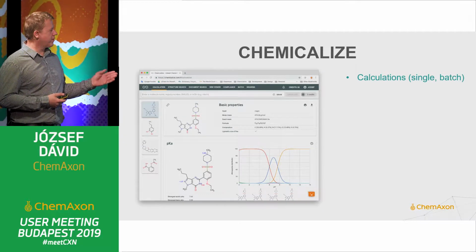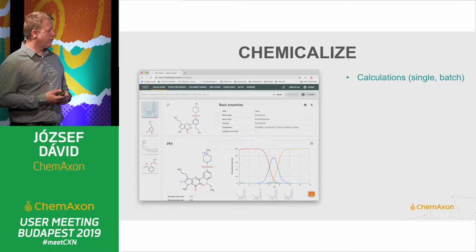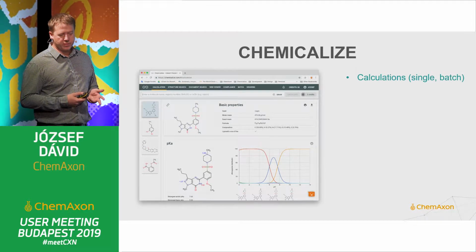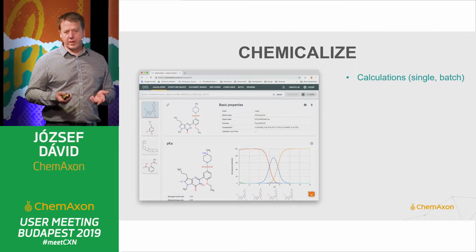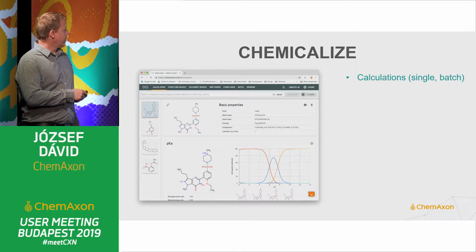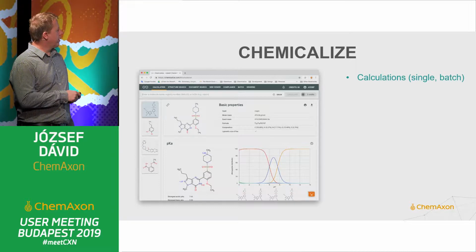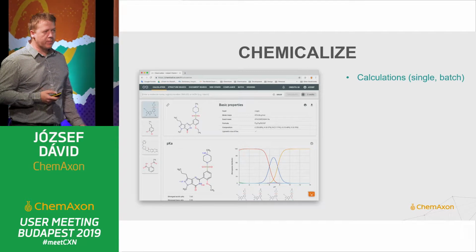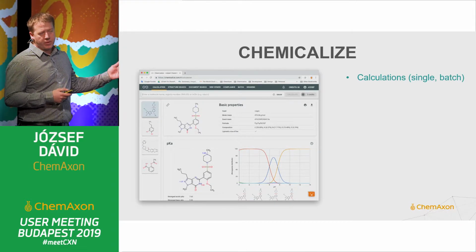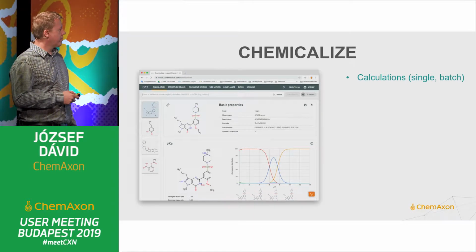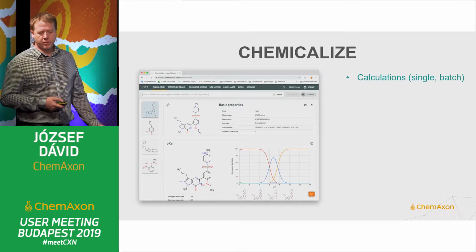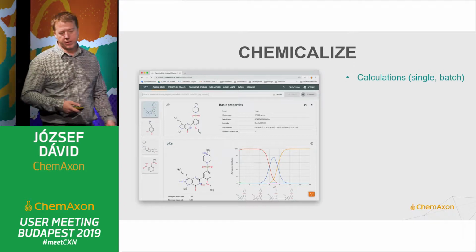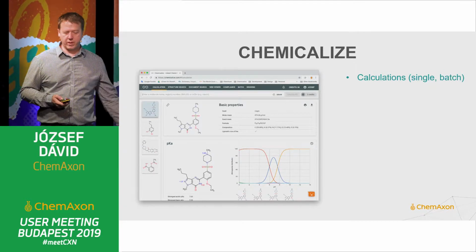But just in this feature on this screen, we are using 3 different ChemAxon tools to provide you the calculation. One is the naming technology, so you can put here any names, SMILES string or any systematic or trade names. That's where we use our naming technology to recognize. You can also draw, where we use the Marvin.js, and also we do the calculations, and the calculators. This is what we are using here.